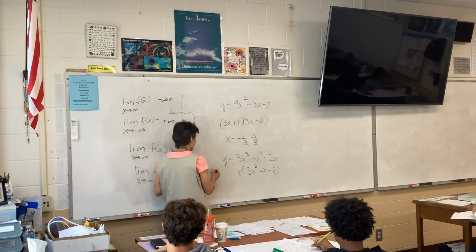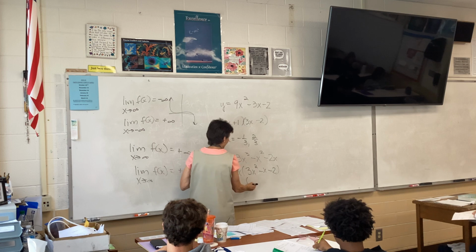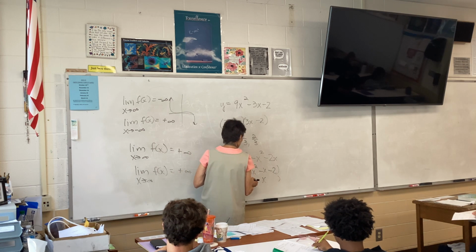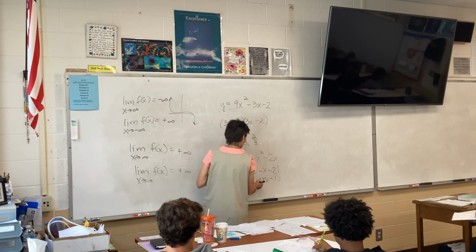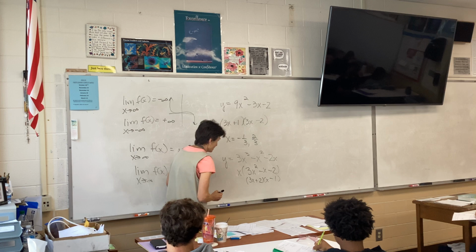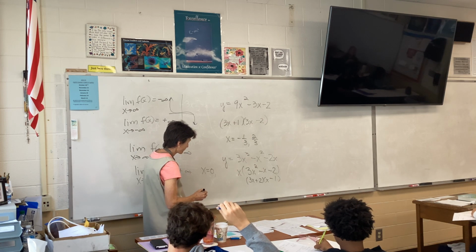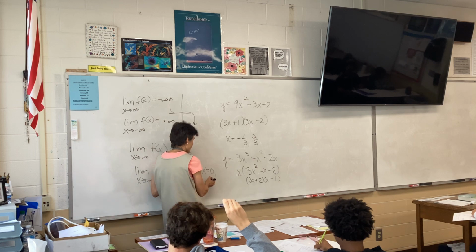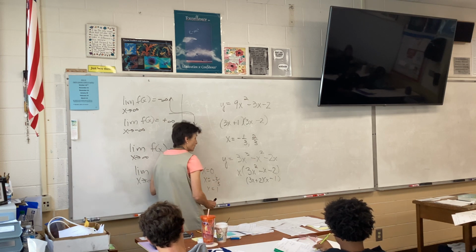One of your zeros is gonna be zero. Now, we'll either factor this quadratic, or we'll use the quadratic formula. Did I factor that right? So my other roots are -2/3 and 1.